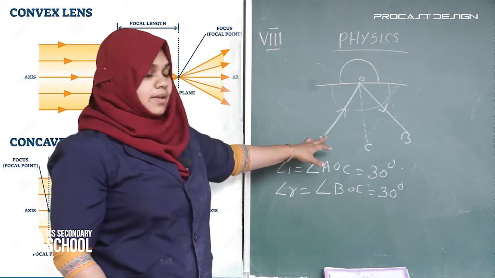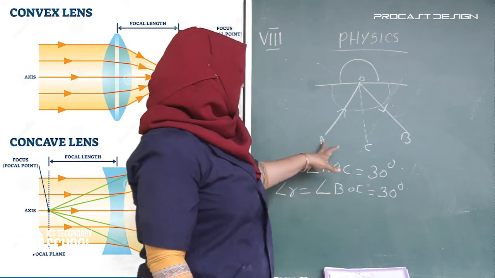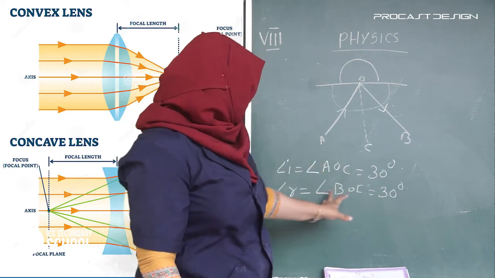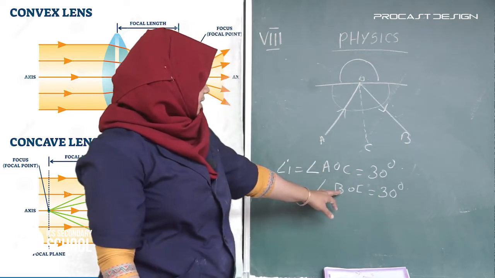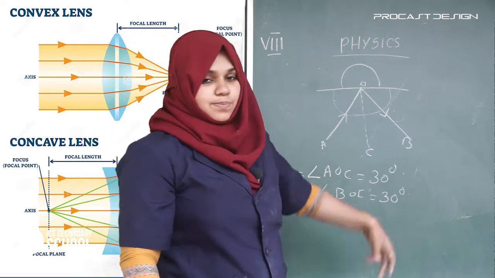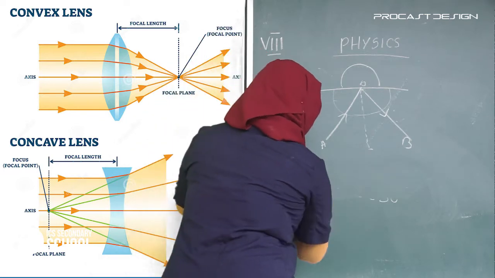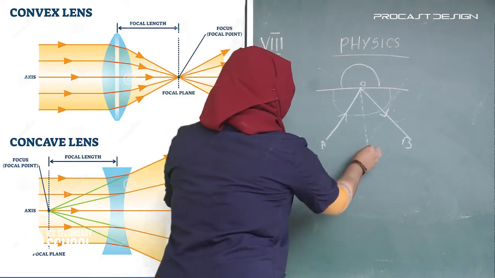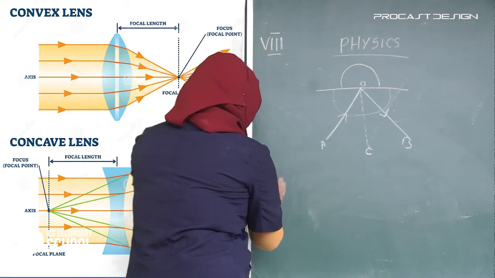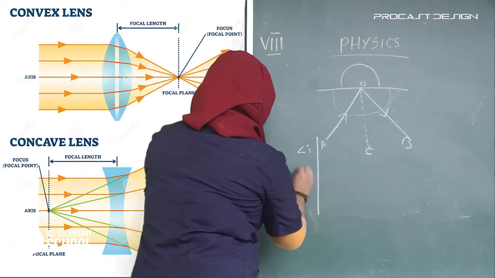If you use a laser torch, we can see that the angle of incidence, angle AOC, is 30 degrees and the angle of reflection, angle BOC, is 30 degrees. By doing the experiment, you can see a table in your textbook. Angle of incidence, serial numbers 1, 2, 3.